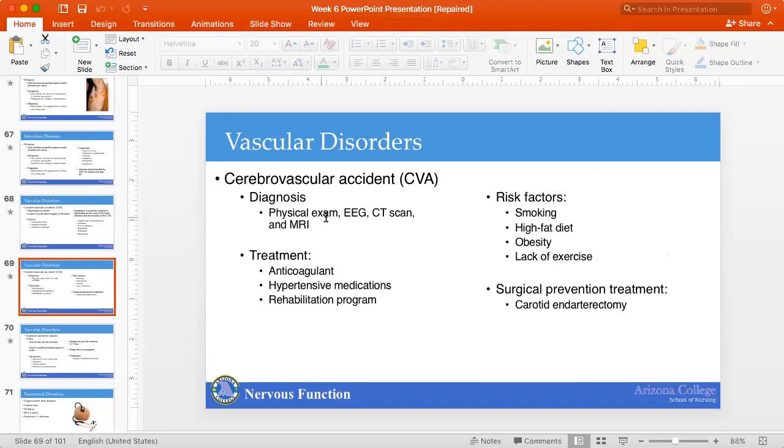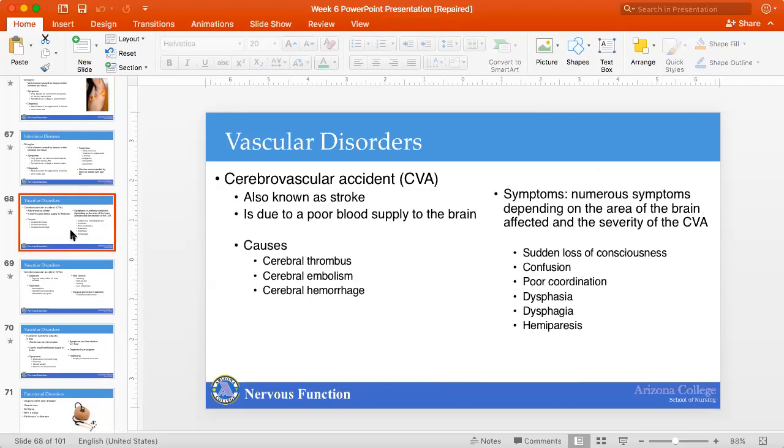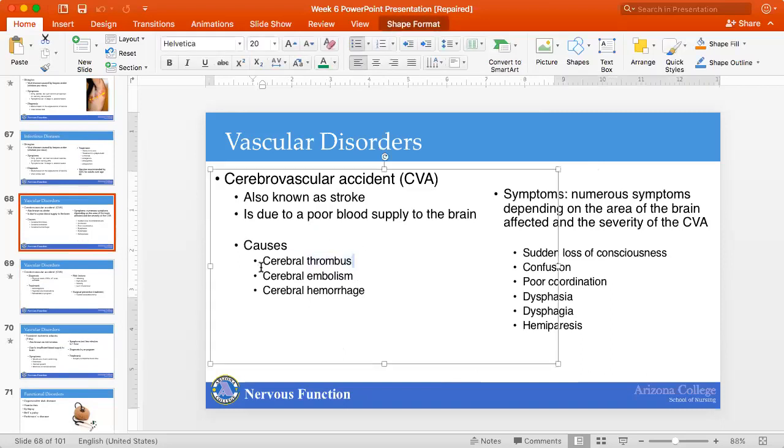Diagnosis would be a physical exam, EEG, CT scan, or MRI. Definitely would be an MRI. If someone is suspected to have a stroke, the doctor would need to know: is it from an embolism, like an ischemic stroke, or is it a hemorrhagic stroke?